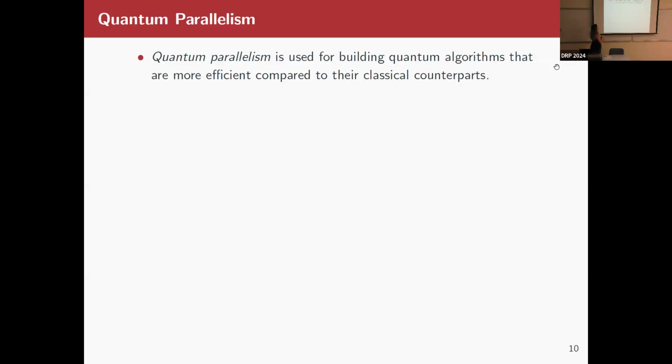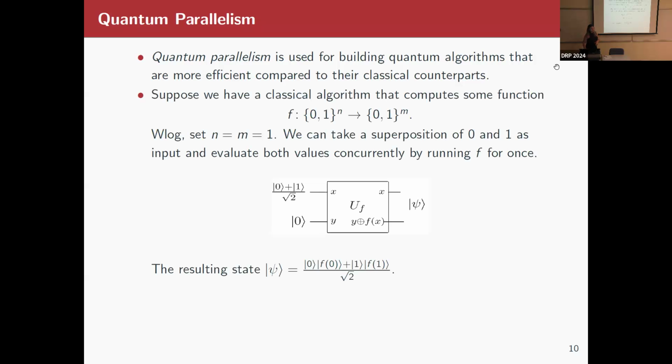Now, quantum parallelism. Quantum parallelism is used for building quantum algorithms that are more efficient compared to their classical counterparts. Now assume that we have a classical algorithm that maps n-bit strings to n-bit strings. We're going to set n to 1 because, for simplicity, we can take a superposition of 0 and 1 as input and evaluate both values concurrently by running f once.